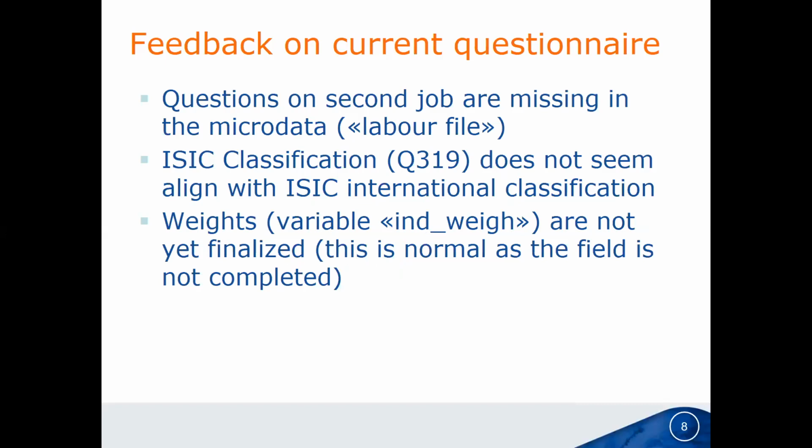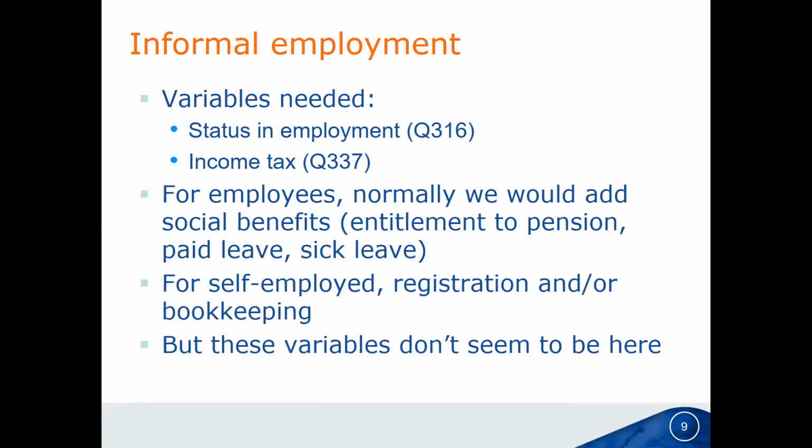So there were two more things. It's not part of the PowerPoint, but I'll share it again, that I wanted to highlight here. The first one is related to informal employment, because we talked about it this morning. So we've looked at your questionnaire. The variables that would be needed to define informal employment in the questionnaire right now are quite limited. You have a few.